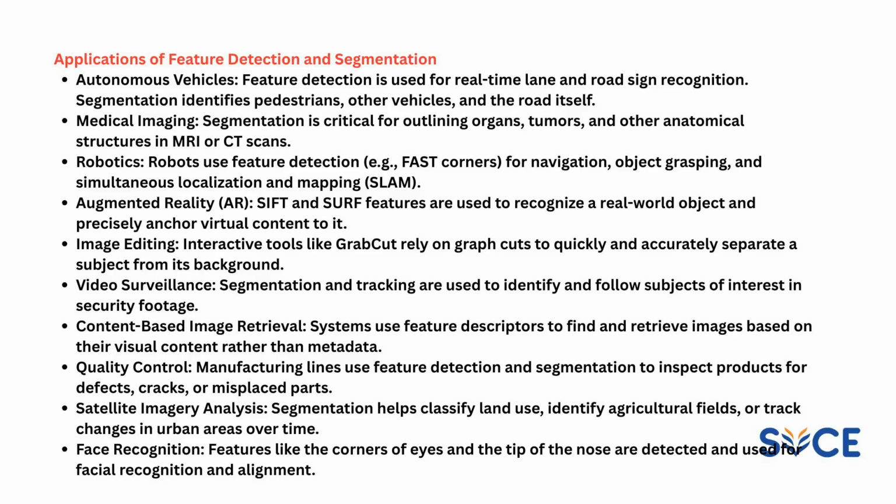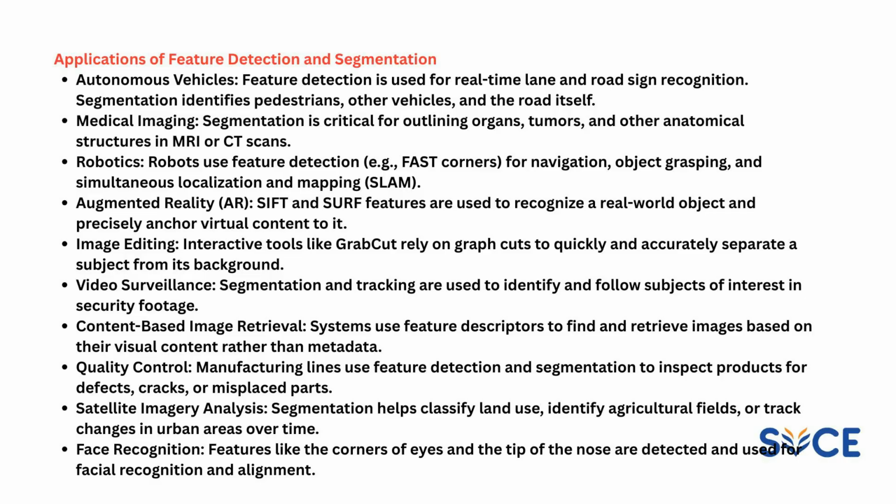For example, a robot in a factory can use a fast corner detection to quickly find a specific part on the conveyor belt and pick it up fast.